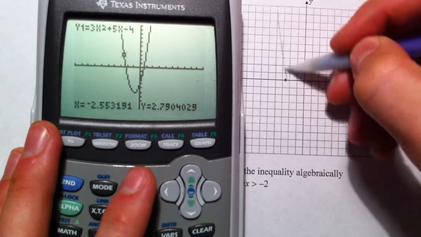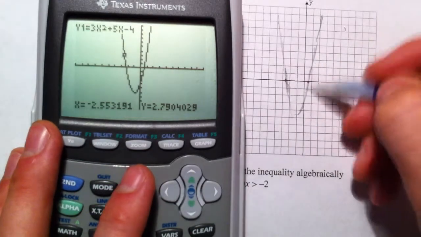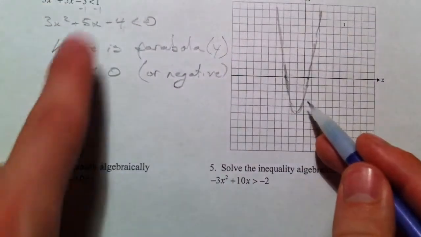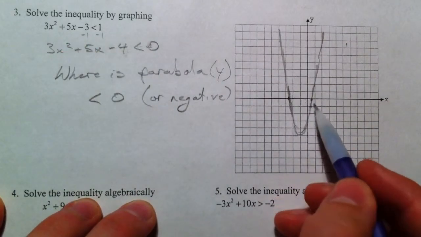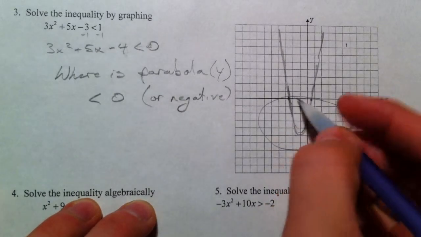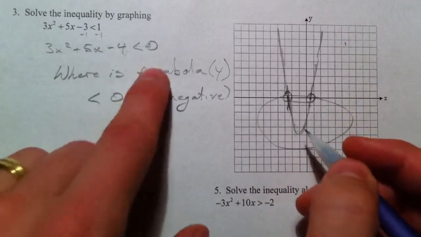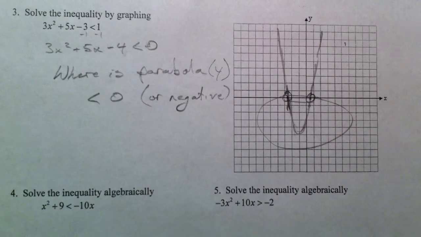So I'm going to just sketch it from what we have on there. I'm looking for where it is less than. And remember, I'm graphing it like this, but there's still no y, so I'm not going to shade it. I'm just interested in right here. From this x to this x, it is less than 0. And that is what I'm interested in.